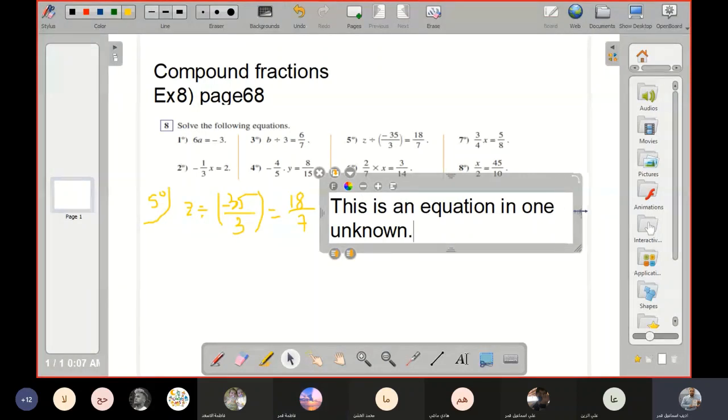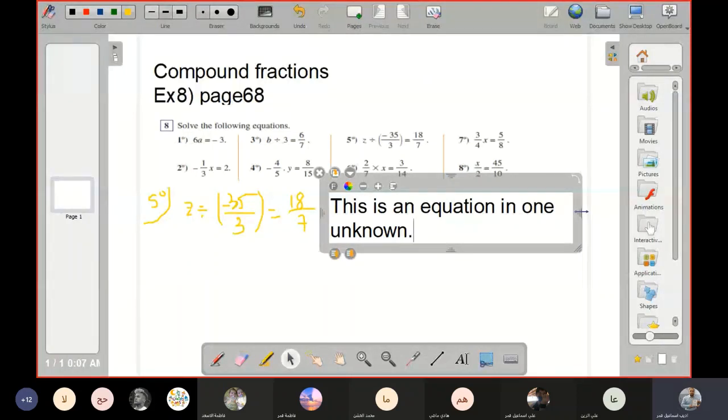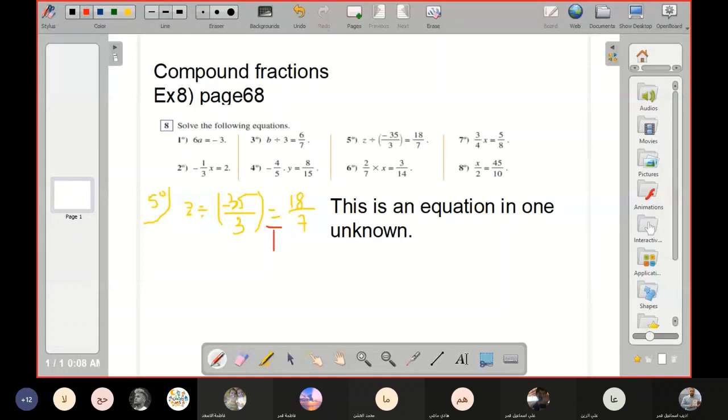The equation is an expression that consists of, first of all, the equal. And we have this equal, before it a left-hand side, and after it a right-hand side. Here, this is the equal. The equal here is like a balance.